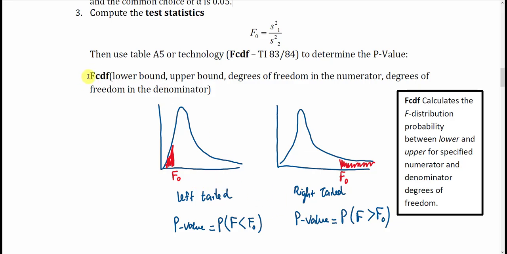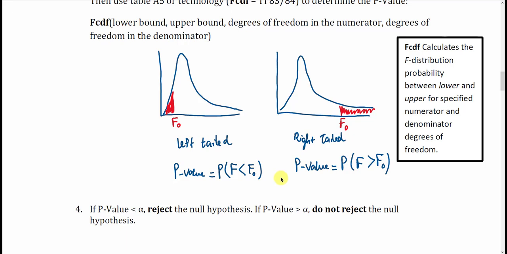FCDF takes four inputs: the lower bound, the upper bound, the degrees of freedom of the numerator, and the degrees of freedom of the denominator from the second sample. The two-tailed case is complicated, so we focus on the left and right tails in this section.